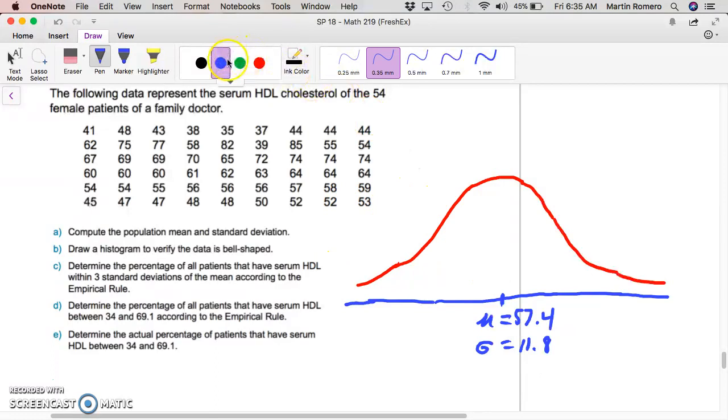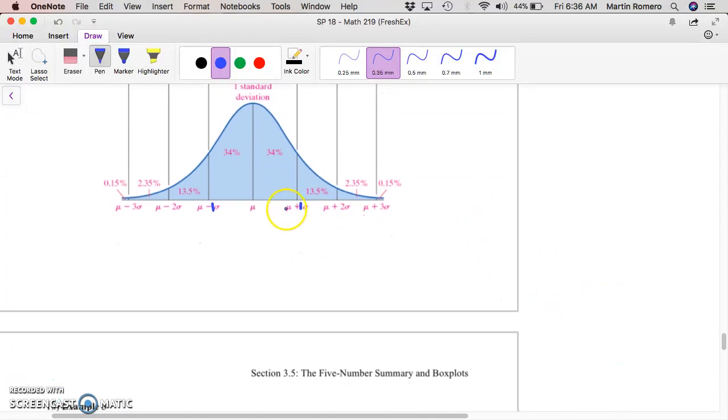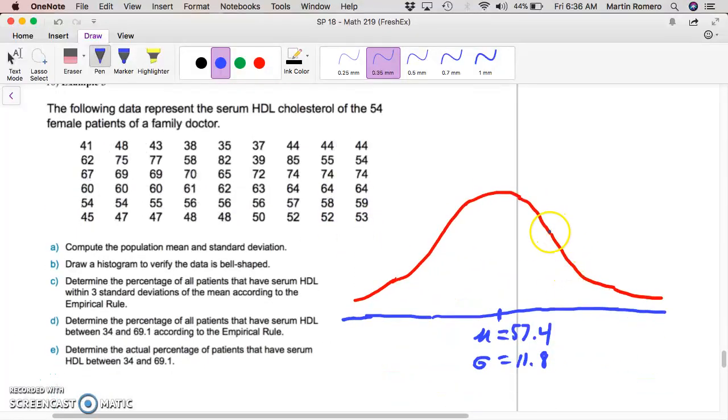Then for how we label, we're going to label the x-axis by standard deviations, relating it back to here. The first standard deviation occurs right when this curve turns, so we're going to label in those areas by standard deviation. That's how we measure. So what's the standard deviation? 11.8.